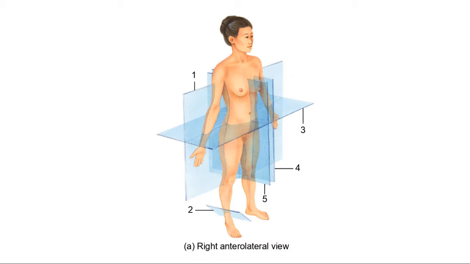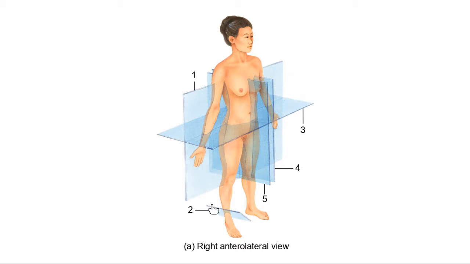Planes are imaginary sheets which we can pass through the body and divide the body. Number 1 is called coronal plane or frontal plane. The frontal or coronal can divide our body to anterior and posterior.